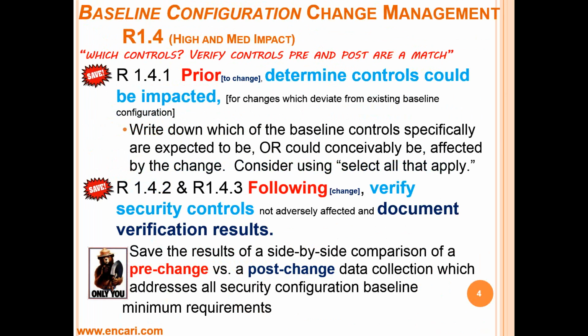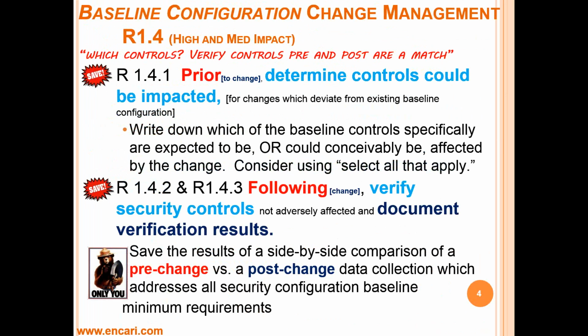In the slide here, we have the bullet under requirement 1.4.1 that says consider using a select-all-that-apply kind of thing. I think what we're getting at there is that the minimum required elements of your baseline are known quantities. Those are the things we need to point out: this might get changed, we expect this to maybe get changed, this could possibly get changed.